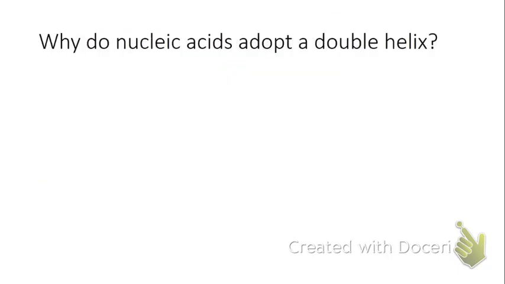So the question is, why do nucleic acids adopt a double helix? If you look at a nucleic acid, let's just look at the pyrimidines just because they're easier and quick to draw. So let's look at just cytosine.